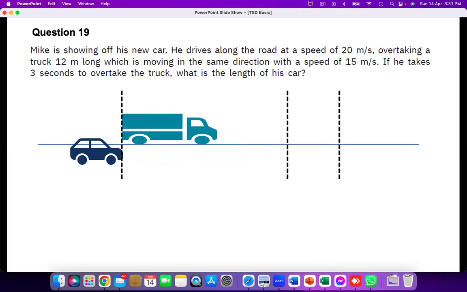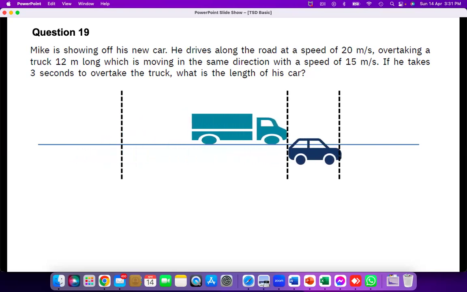Mike is showing off his new car. He drives along the road at a speed of 20 meters per second, overtaking a truck 12 meters long, which is moving in the same direction with a speed of 15 meters per second. If he takes 3 seconds to overtake the truck, it means he will have to cover the length of the truck plus his own car, right? What is the length of his car?